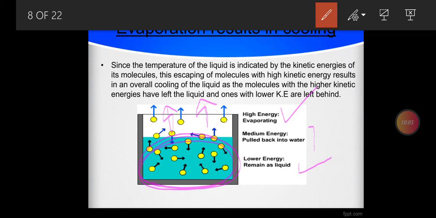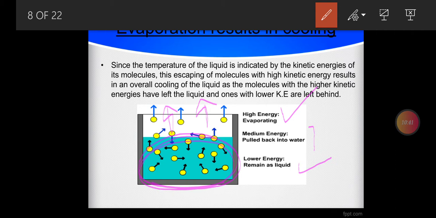So the only reason is that the high energy molecules from the surface of the liquid are lost, leaving behind the lower energy molecules. As a result, the temperature of the liquid decreases. Since the temperature of the liquid is indicated by the kinetic energy of the molecules, this escaping of molecules with high kinetic energy results in overall cooling of the liquid, as the molecules with high kinetic energy have been lost, leaving behind the lower kinetic energy molecules.